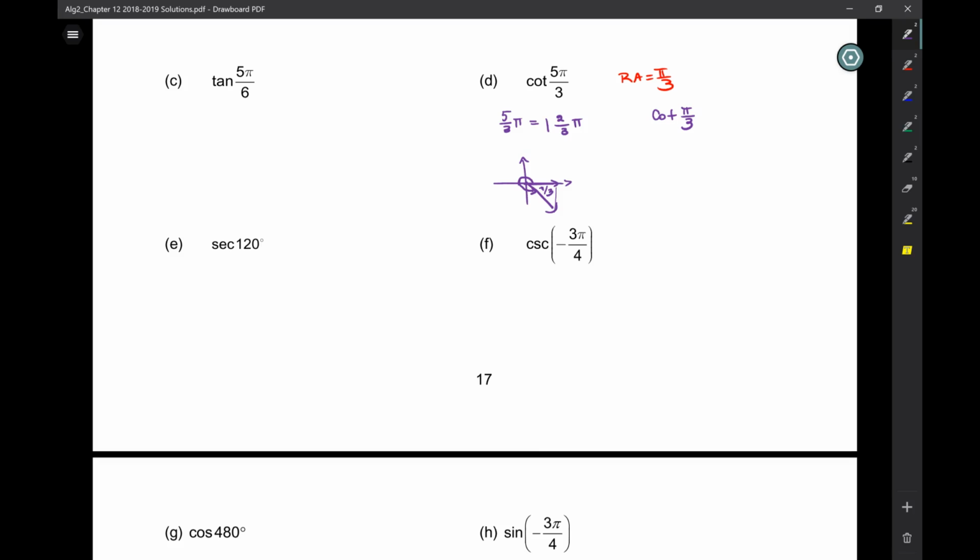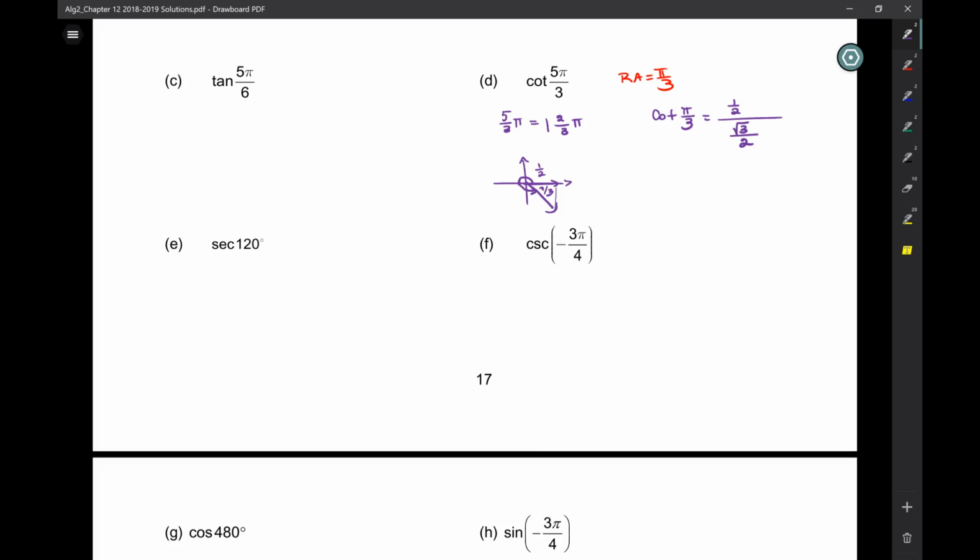Root 3 over 2. So now, I need to do cotangent. What's cotangent? Adjacent over opposite, right? Or cosine over sine. So that's going to be 1/2 over root 3 over 2.